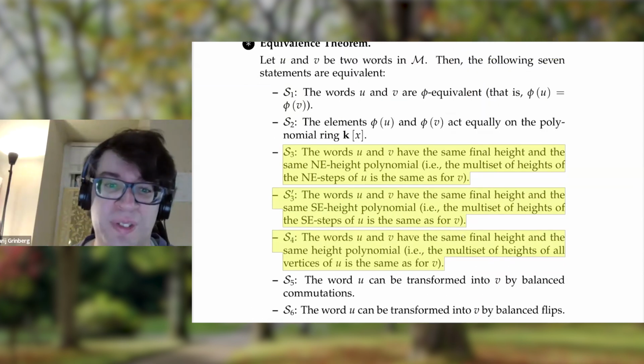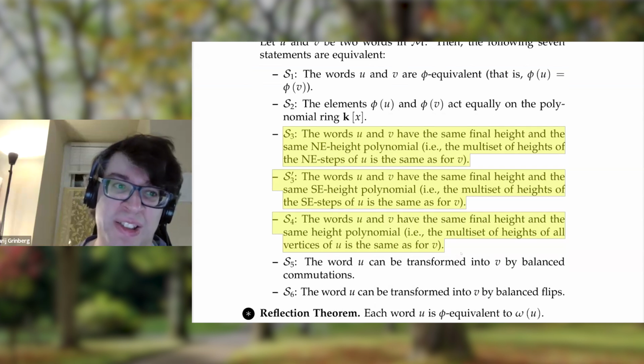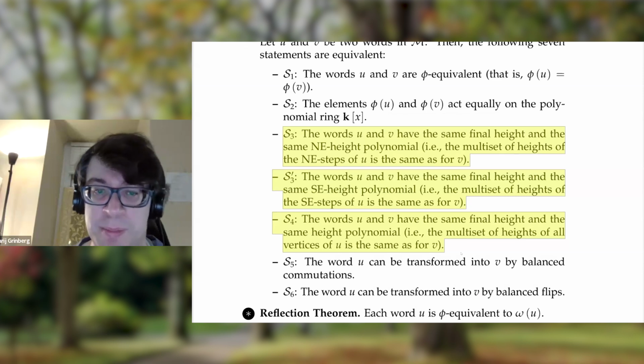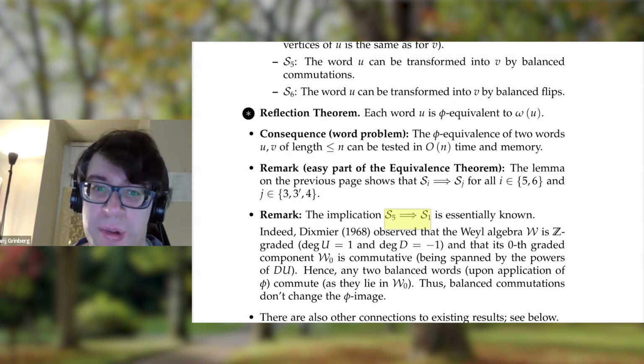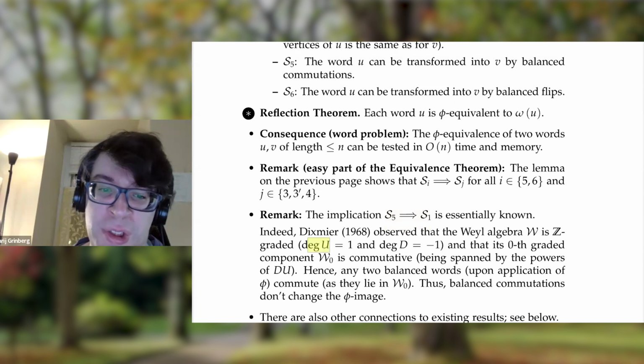The question is more like how you prove the other directions. So the non-trivial facts here are the other directions. At least one of the other directions is known, or more or less known. In fact, there is an observation by Dixmier long ago that the Weyl algebra is Z-graded if you give the u the degree 1 and the d degree -1.